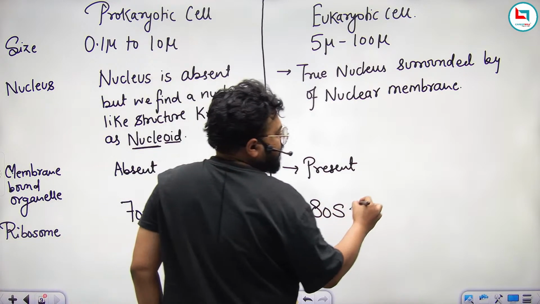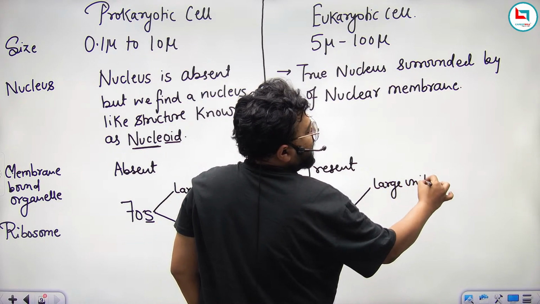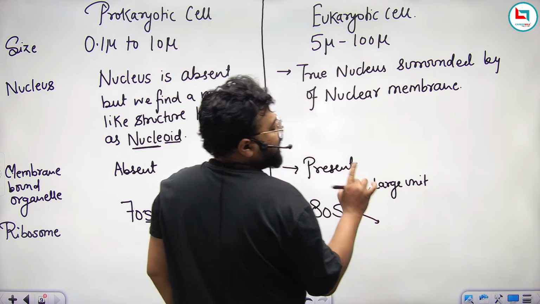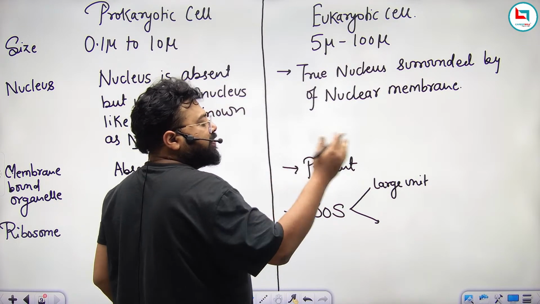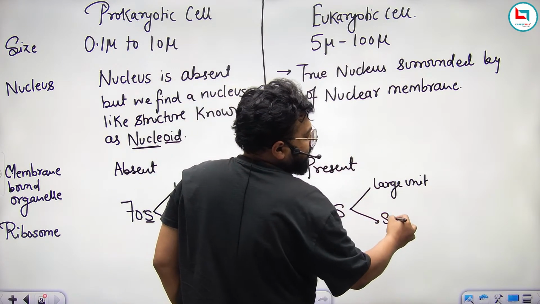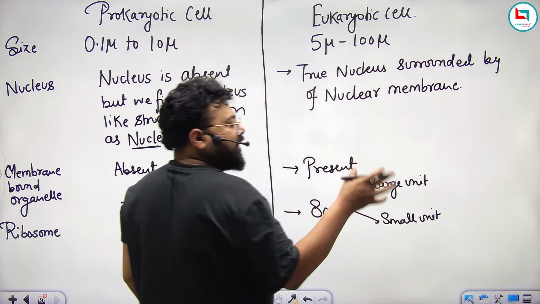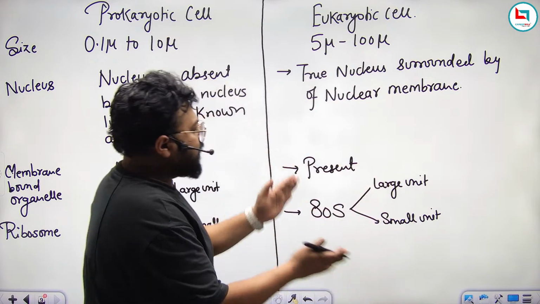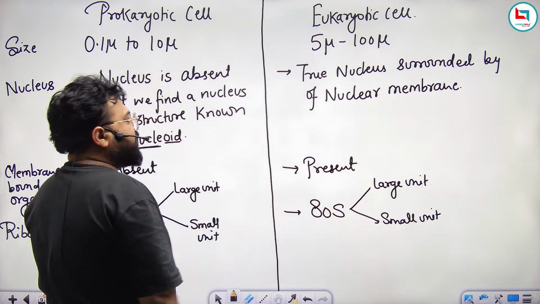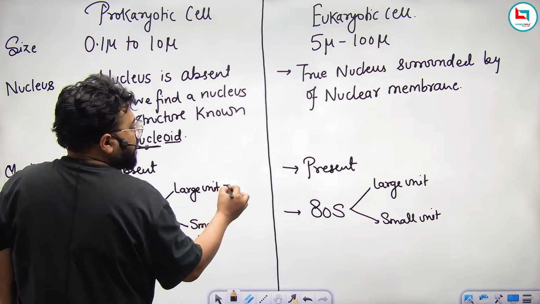As soon as they have to synthesize the protein, the large unit and small unit combine to form 80S ribosome in eukaryotic cells and 70S ribosome in prokaryotic cells.